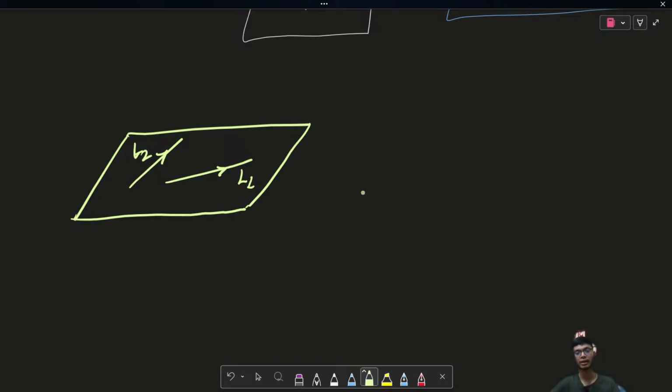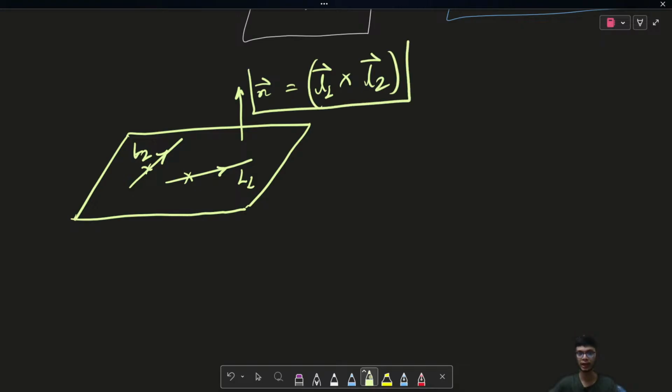In this question we know two fixed lines lying on the plane. The normal vector to the plane can be easily obtained by taking a cross product of these two known vectors, that is, L1 and L2 are the known vectors.